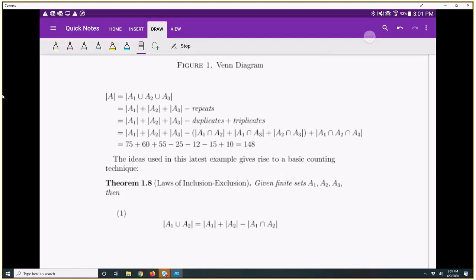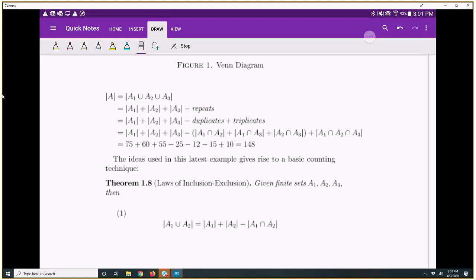And this is going to end up looking like the cardinality of A1 plus the cardinality of A2 plus the cardinality of A3. Then we'll subtract the intersection of A1 with A2, subtract the intersection of A1 with A3, subtract the intersection of A2 with A3, but then add in the intersection of all three.